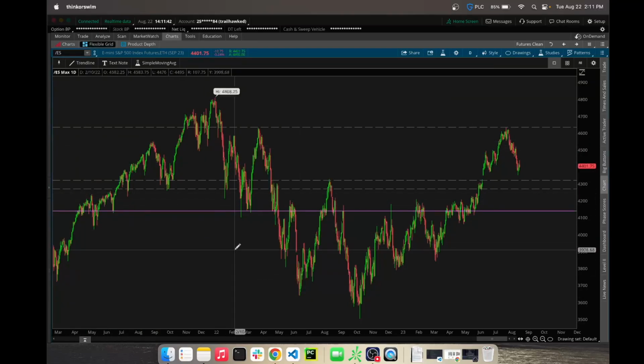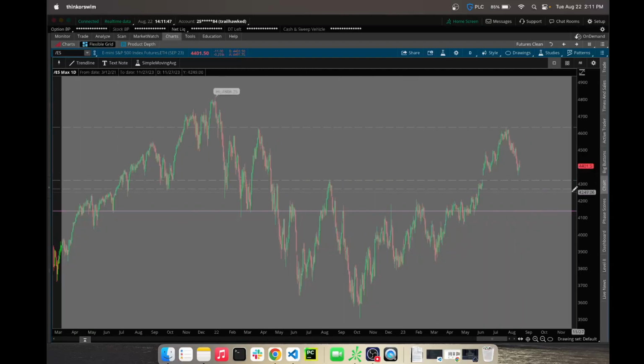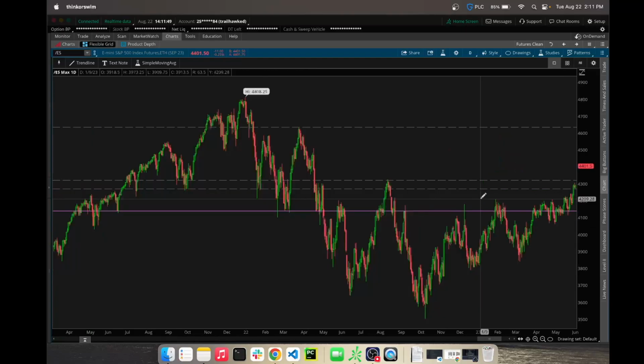So what do I do now? Now I take a look at this picture as a whole, right? So if I zoom in to everywhere that this has been relevant, I don't want just this particular point. I want something that I'm looking at determining market movement above and below.